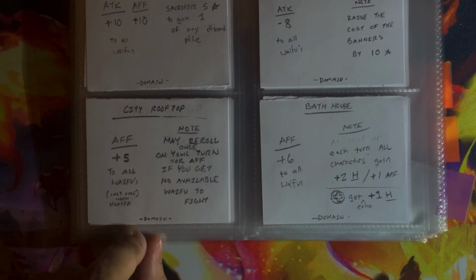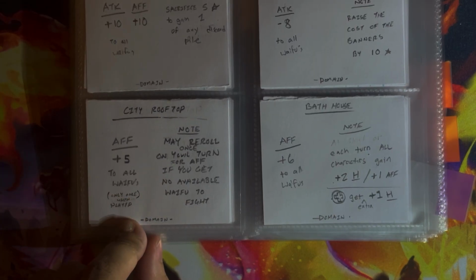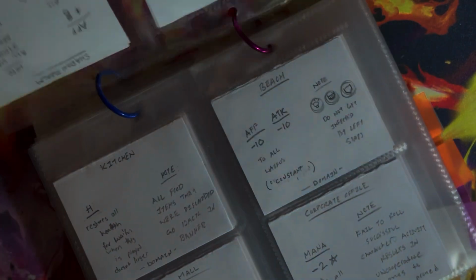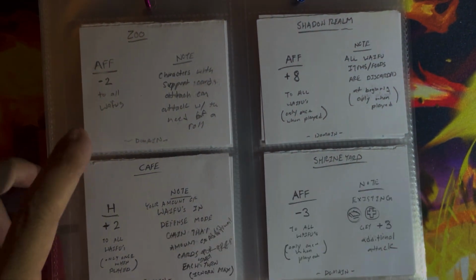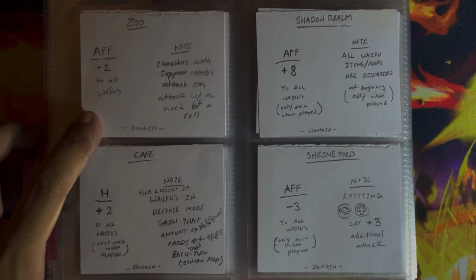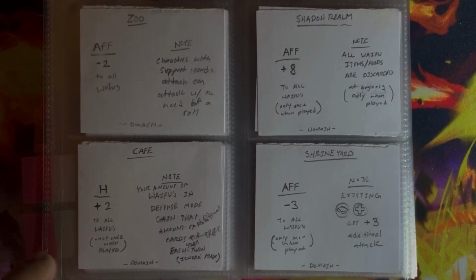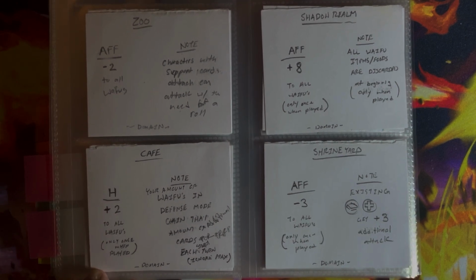City rooftop, in animes they have that city rooftop vibe. A bathhouse, you know what I'm saying? I don't have to say more. There's the zoo, the typical date at the zoo. The shadow realm, that's giving anime. Cafe, the cafe date.